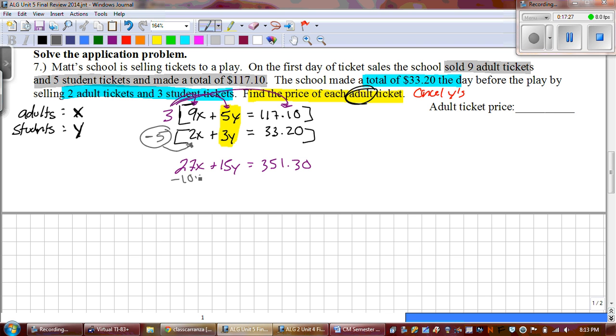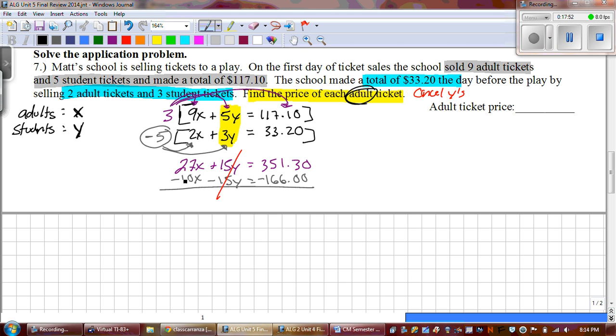And we get negative 10x, negative 15y, and then negative 5 times 33.20 gives us negative 166. Okay, so just like we wanted to, the y's cancel.